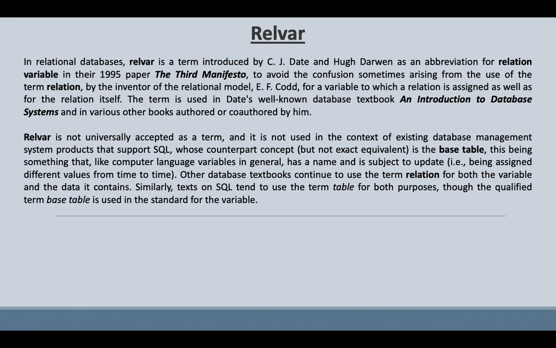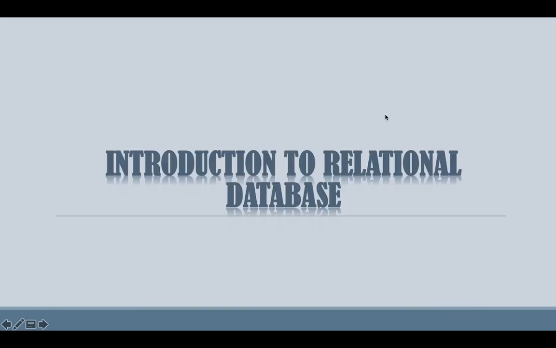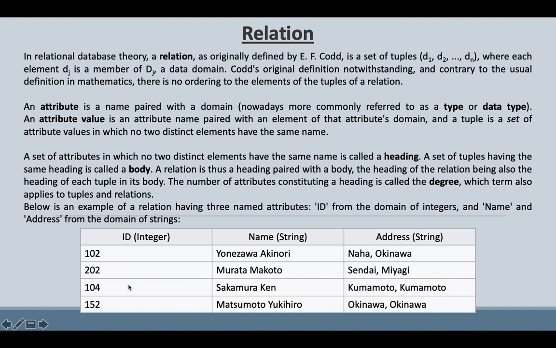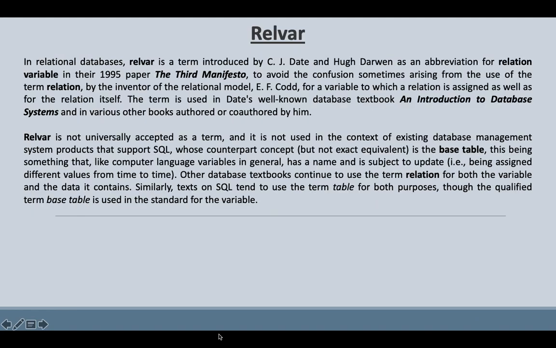This is another bookish definition, which is known as the relvar. The full form is relation variable, right? This term is actually not used now, it has become obsolete. A relvar is nothing but what you are treating as a relation now, meaning the table.